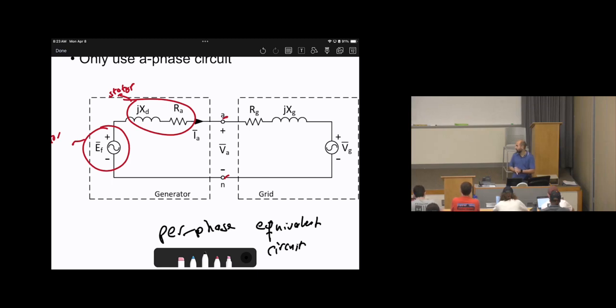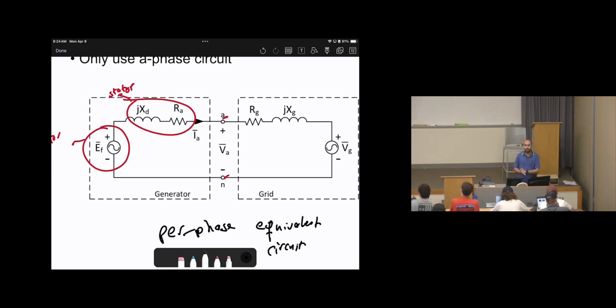Why do we get this model for the grid? Any thoughts? VG, RG, jXG, this is an equivalent circuit for the grid, which is the whole of Auburn University, or whatever I connected it to, the whole city or whole state, as an example. Where does this VG, RG, jXG come from?